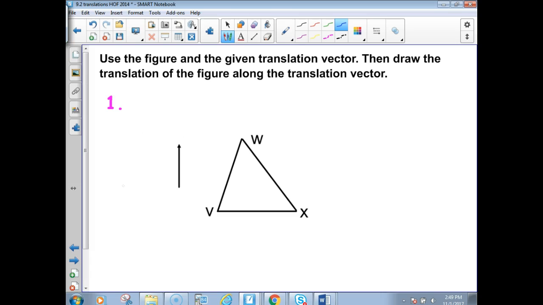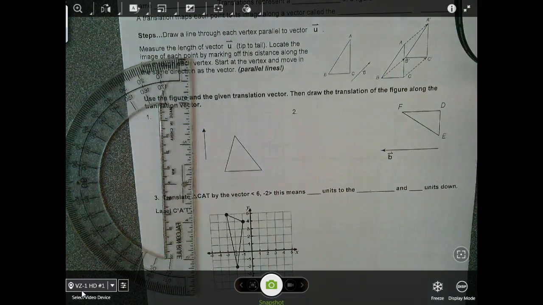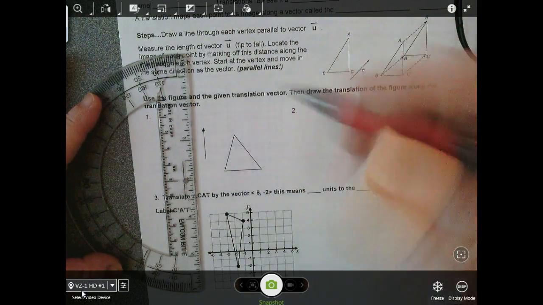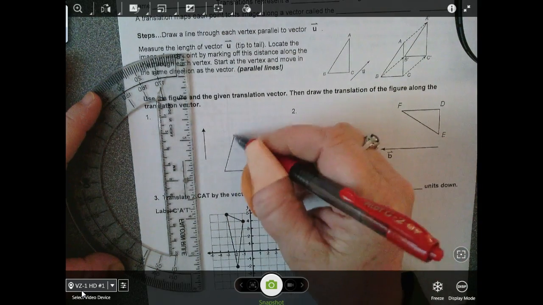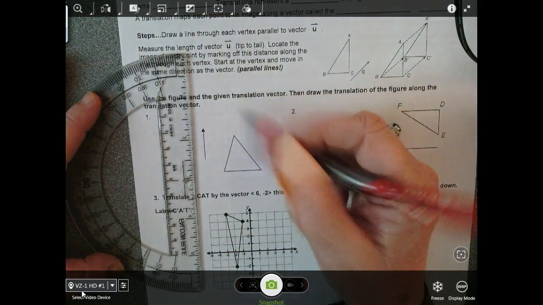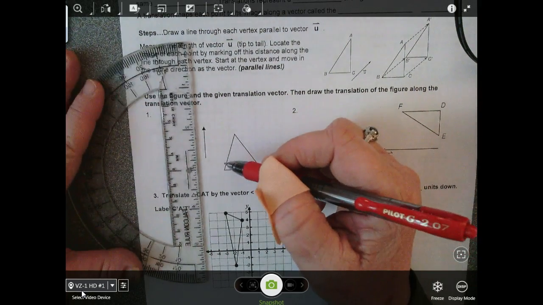I'm going to flip over to my document camera because I'm going to show you how to do this. I'm pausing this. We need to measure this vector. It's going straight up. So we're going to take all these corners and measure this distance and go in that direction. It's going to slide up.